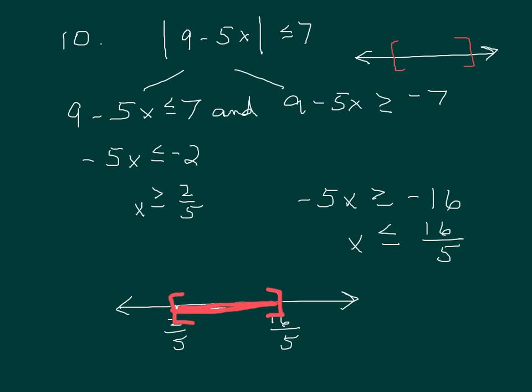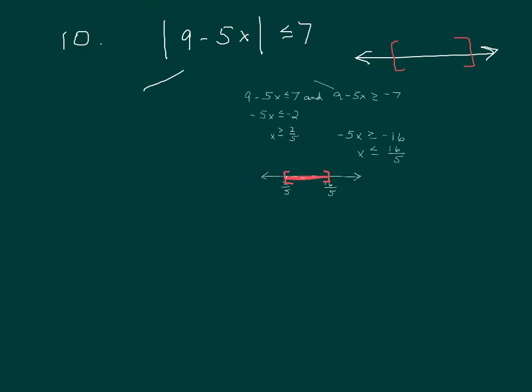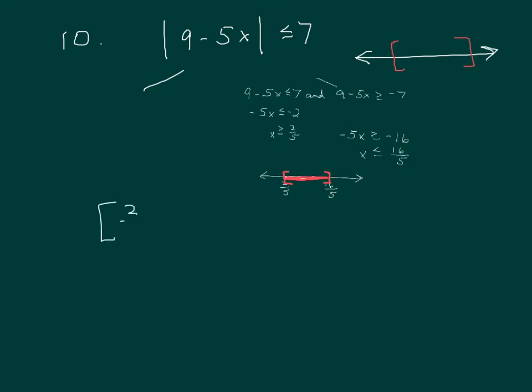And you found the 2/5 and the 16/5, but then you drew an interval. You wrote an interval that would be impossible, that would not exist, and that is, your answer was 2/5 to infinity.